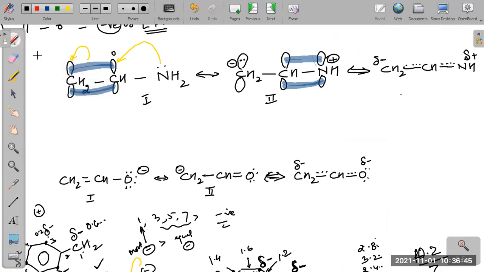So draw it again, in the middle of the board. CH2, double bond, CH and OH. Two lone pairs of electrons. This is CH, and OH. One lone pair will remain, the other will get delocalized. This will be delocalized like this.